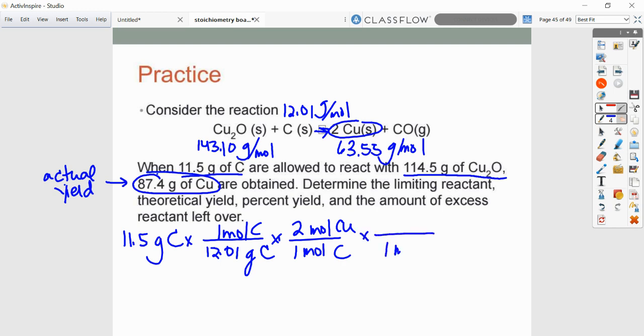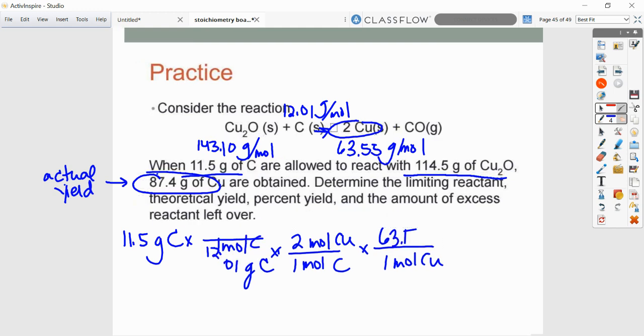I'm just going to go ahead and convert it to grams. I'll make sure my units all match up, and cancel those out. So 1 mole divided by 12.01, and our answer for this would be 121.7 grams of copper.